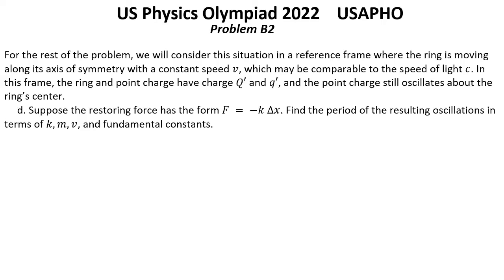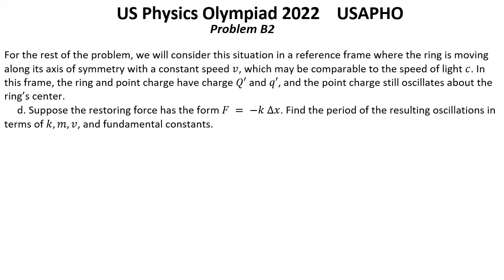Solution for question D. Suppose the restoring force has the form F equals negative K delta x. Find the period of the resulting oscillations in terms of K, M, V, and fundamental constants. Solution.